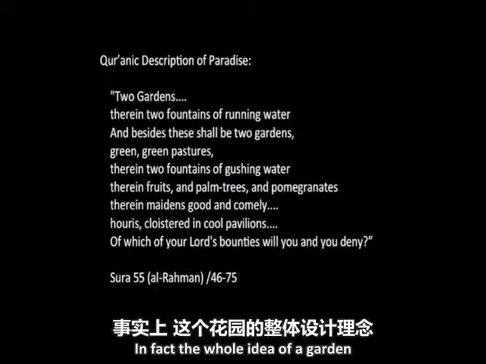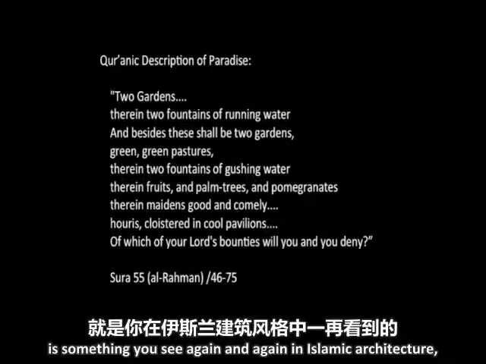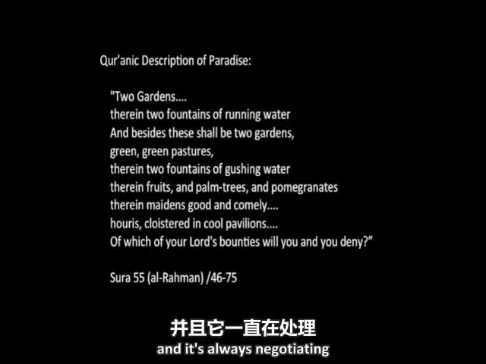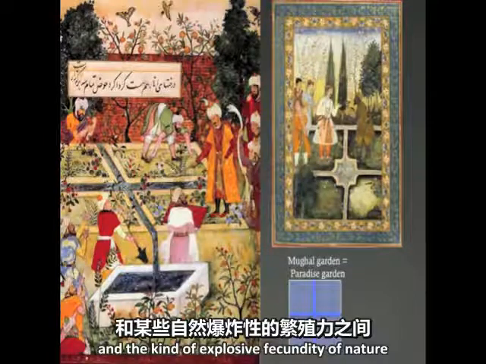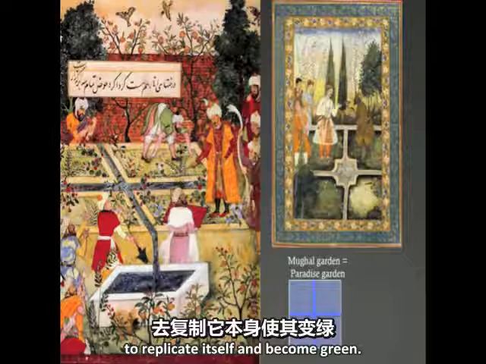In fact, the whole idea of the garden is something that you see again and again in Islamic architecture, and it's always negotiating between a geometrical definition of the garden and the kind of explosive fecundity of nature to replicate itself and become green.